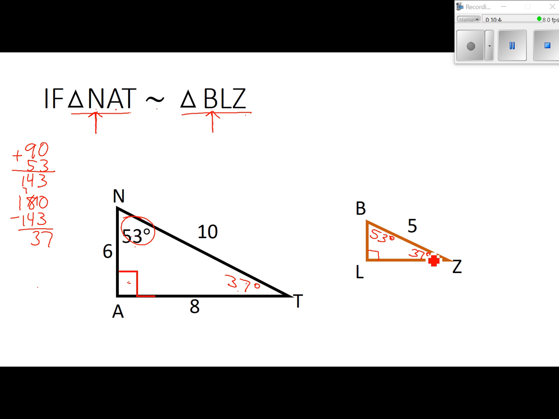Now with the sides, what we can do is look at the scale factor. To find K, the scale factor, we just pick one of the sides that we know in this first triangle, and we compare it with a fraction to the side it matches up to in the second triangle. Well, the 6 would match up to this side, which doesn't help us because we don't have a number there.